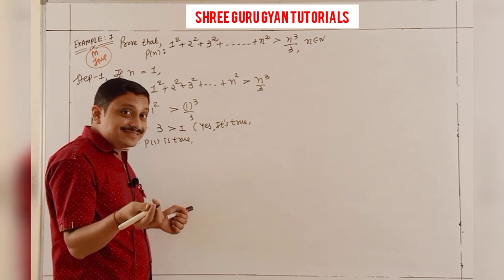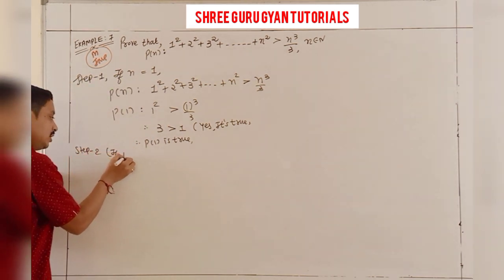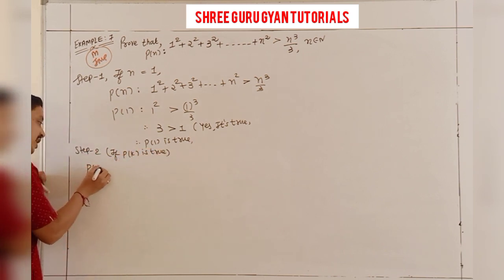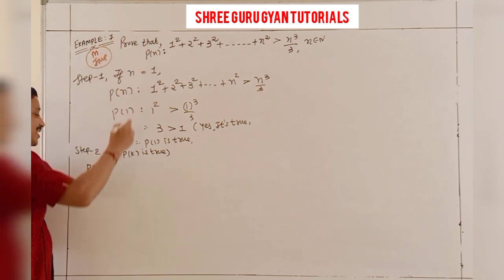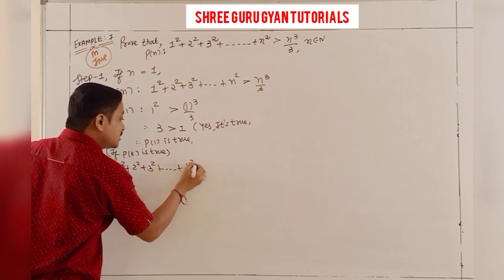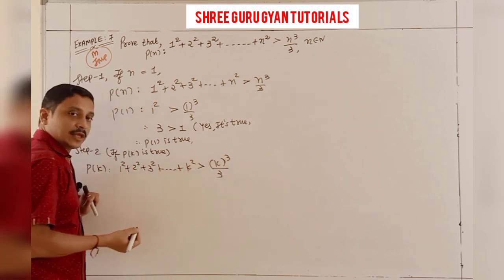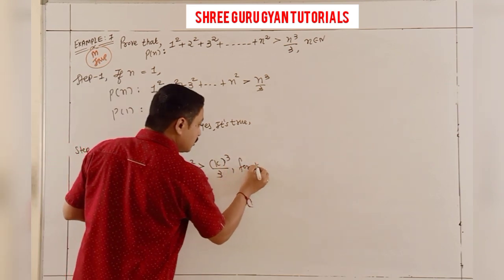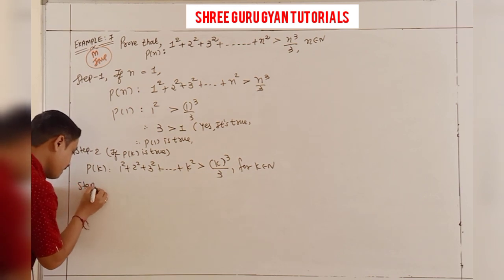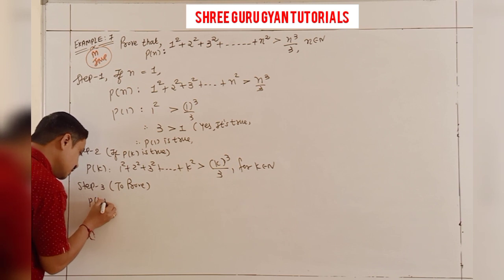Happily done. Now step 2. What is step 2? If Pk is true, what is the P of k? Write the same: 1 square, 2 square, 3 square up to k square is greater than k cube by 3, for k belonging to natural numbers. Continue to step 3, which is P of k plus 1.